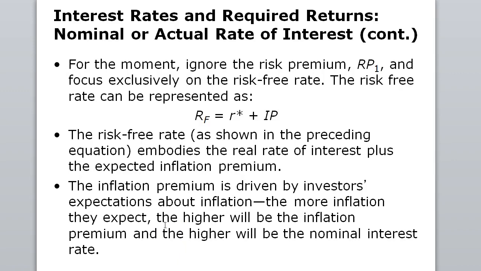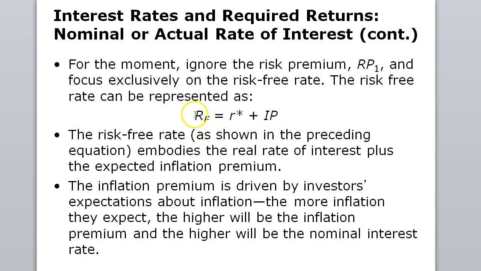Okay, so for a moment, ignore the risk premium and focus exclusively on the risk-free rate. The risk-free rate can be represented by this equation here. The risk-free rate embodies the real rate of return plus the expected inflation premium. So this is the real rate plus any expected inflation.